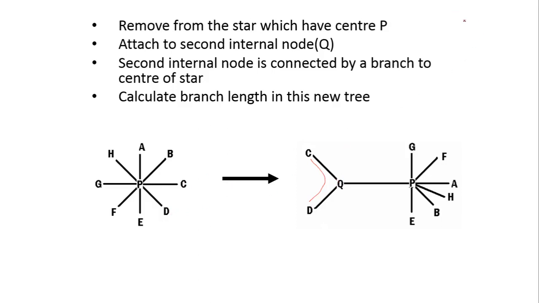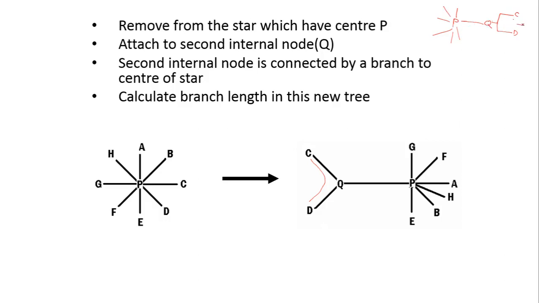We have this Q, and we have now selected C and D randomly. We have added them to Q, and this Q is again connected to the center of your star where other sequences are there, right? So after doing this, we calculate the branch length of this C, Q and D.